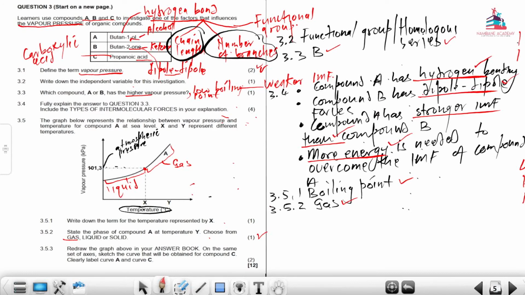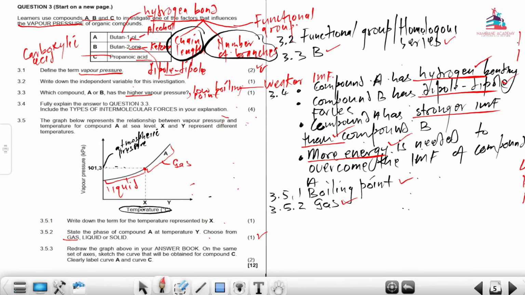So let's do 353. It says redraw the graph above in your answer book. On the same set of axes, sketch a curve that will be obtained for compound C. Clearly label curve A and C. So now let's start to understand this question.